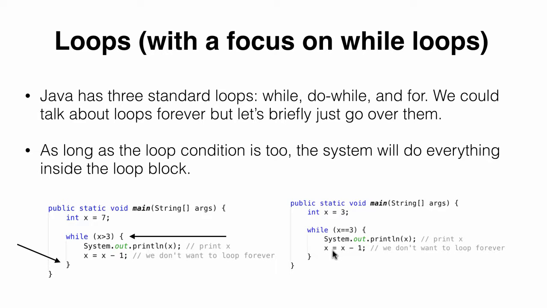So then we have x equals x, 3 minus 1 equals 2, and we jump out of this because x is no longer 3. And if we didn't have this line in here, this would loop forever. So I'll give you an example of this.